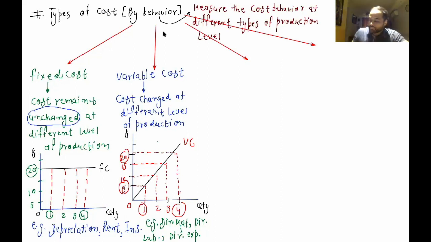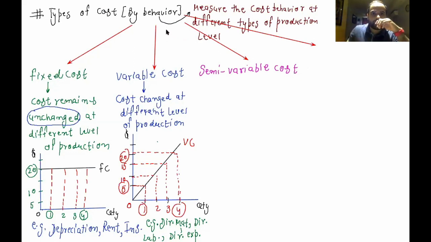So move on to the next, which is semi-variable cost, or you can call it semi-fixed cost. It's up to you what you want to call it. It doesn't matter. Semi-variable or semi-fixed means some fixed, some variable. That's called semi-variable, right?